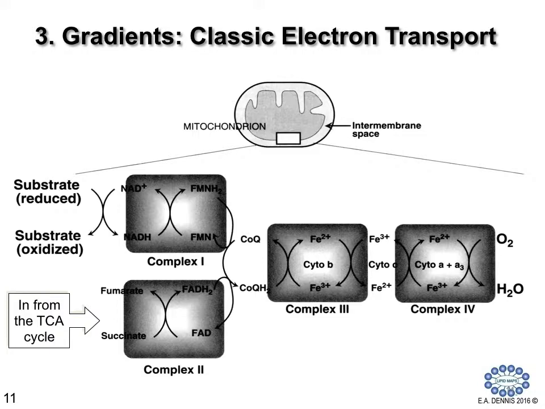These electrons are then transferred to complex 3, and another protein known as cytochrome C plays a similar role of taking an electron and transferring it to complex 4, but more about that later.